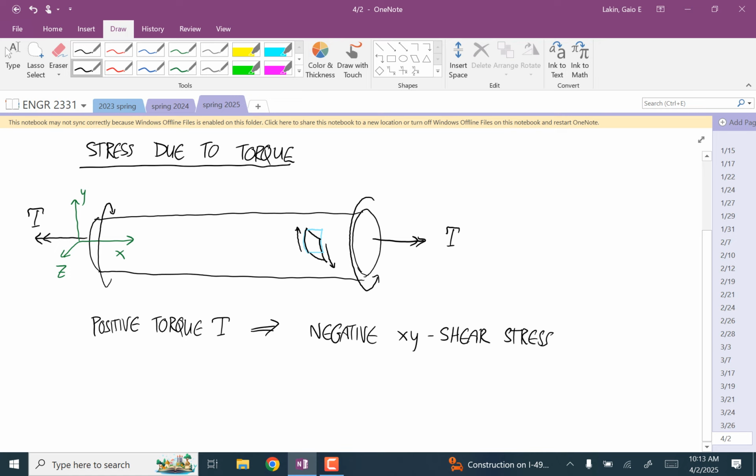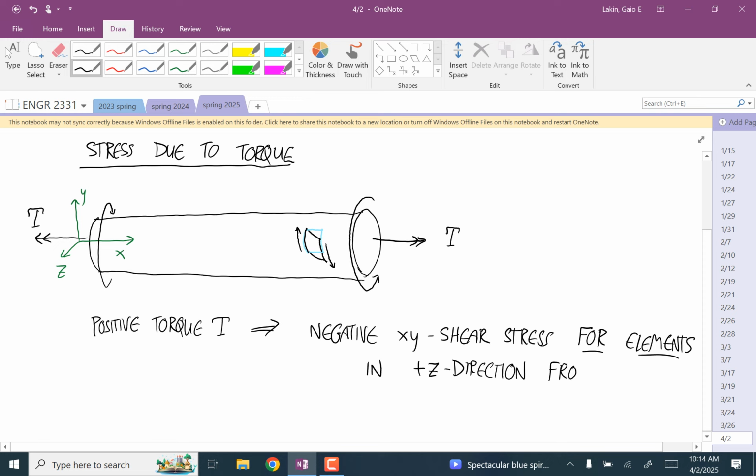But notice that it would be different if you move to a different part on this surface. So this is a negative XY shear stress only if you're thinking about elements in the positive z direction from the centroid.